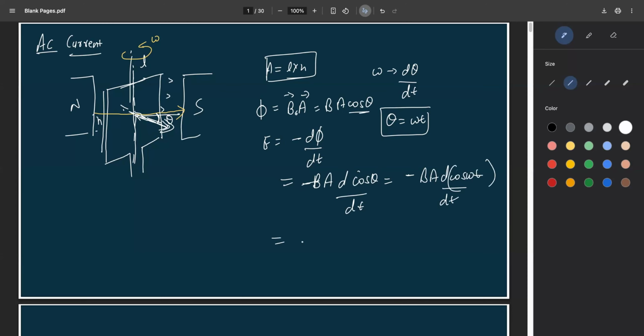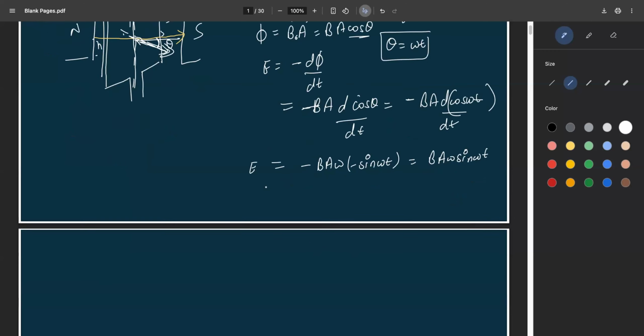When you solve it, the differentiation of cos comes out as omega times minus sine omega t. This negative and negative got cancelled, so you are left with BA omega sine omega t. Is this clear, Ketna? So you can say the induced EMF across this loop is nothing but BA omega sine omega t.